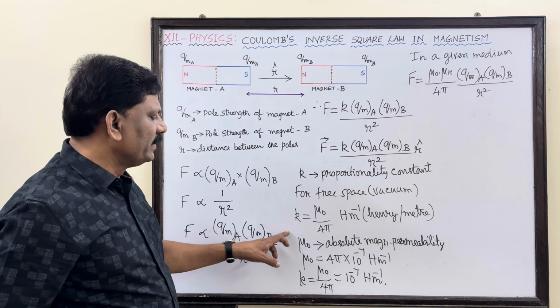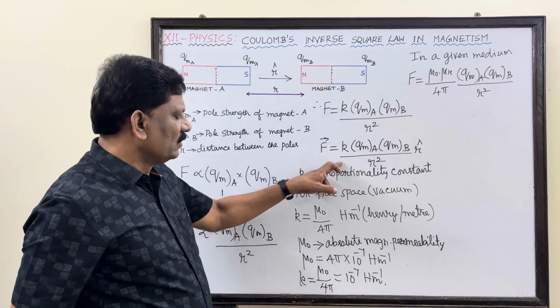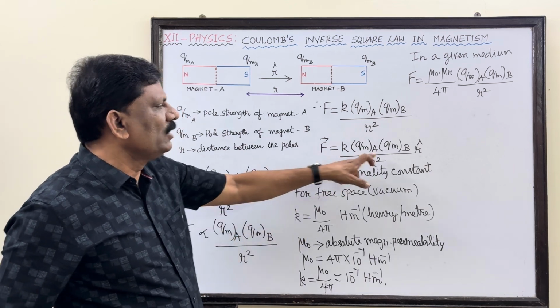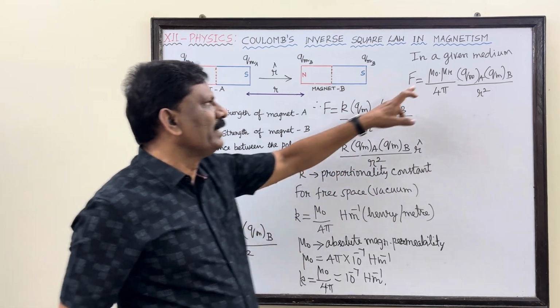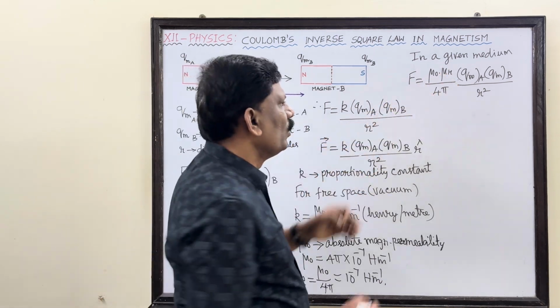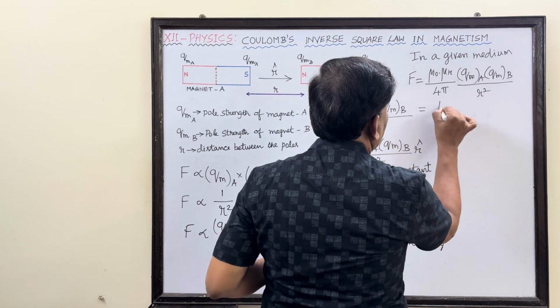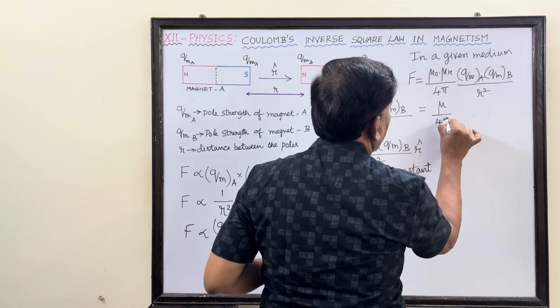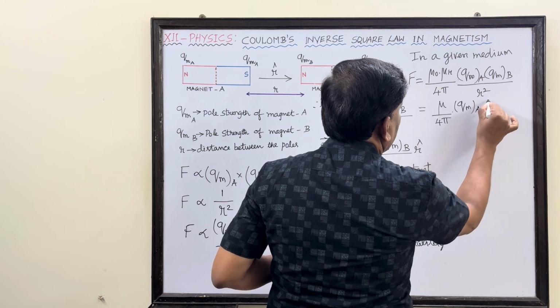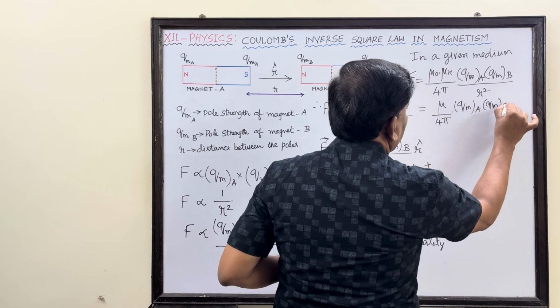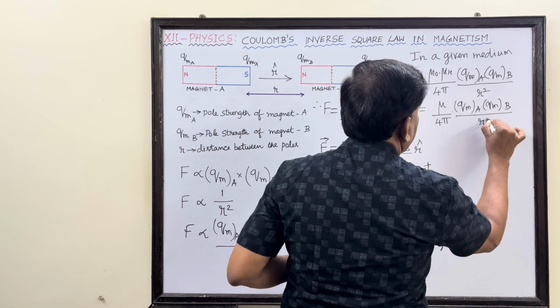Now for free space, we have written mu naught by 4 pi into QMA into QMB by r square. Now mu naught is replaced by mu naught into mu r. So this also can be written as mu by 4 pi into QMA into QMB divided by r square.